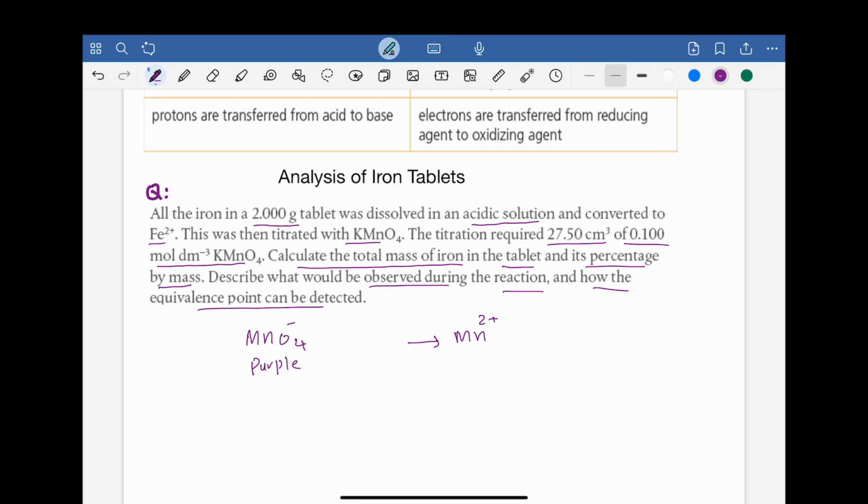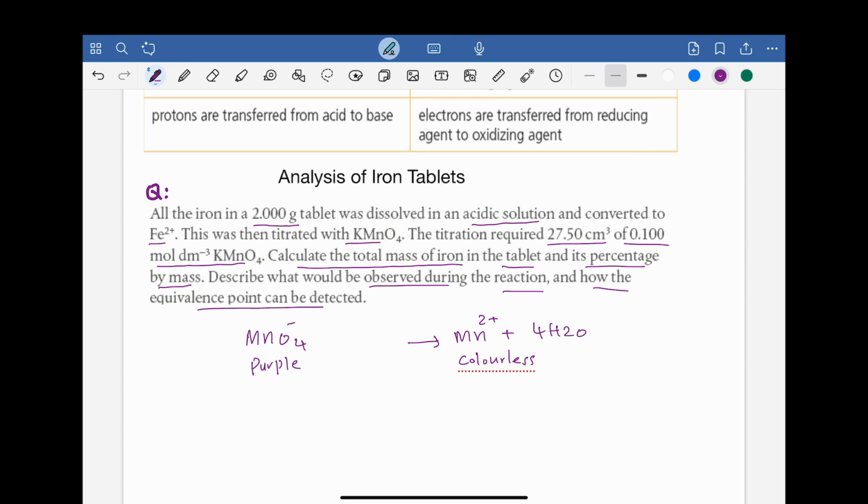When it gets reduced to Mn²⁺, that will be colorless. So let's balance the equation. We have 1 manganese, which is balanced, but we have 4 oxygen on the reactant side. We have no oxygen on the product side, so we can balance it by adding 4 water molecules.